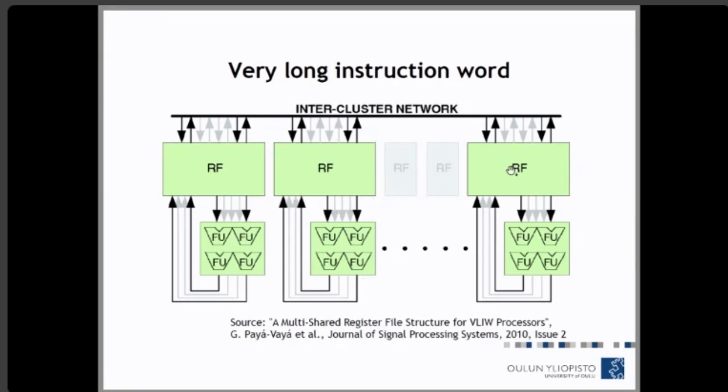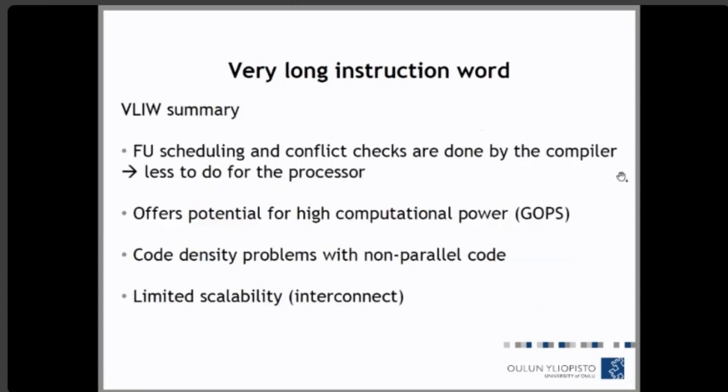There are register files for each lane, the functional units write to those register files, and those write to the interconnect. We have this problem with VLIW: scalability. You can't use more than 4-8 lanes, because beyond that it becomes unreasonably complex for the interconnect network. So this limits scalability.